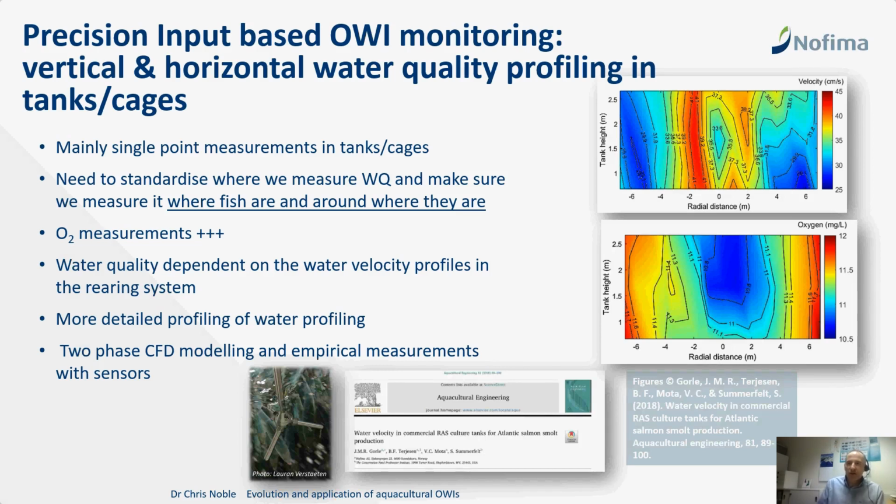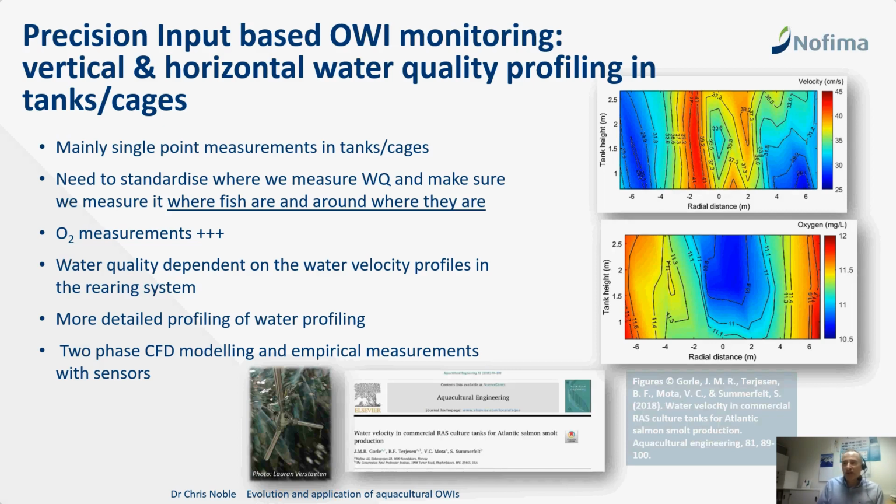So if you want to look at precision environmental OWI monitoring, at the moment a lot of the monitoring is basically single point measurements in tanks and cages. So you need to standardize where we measure water quality and make sure we measure it where the fish are. That's very important.